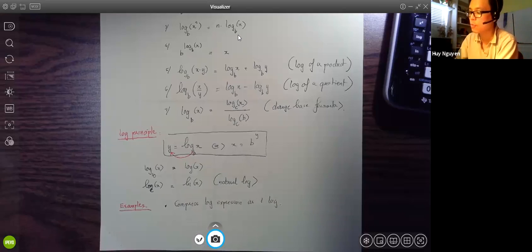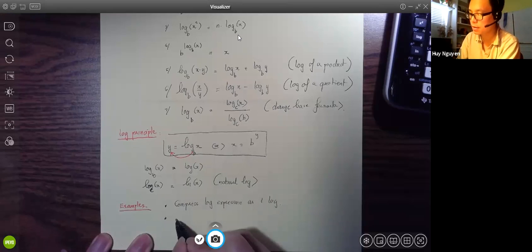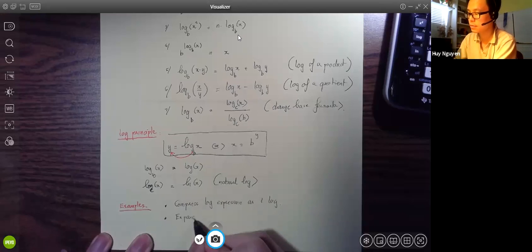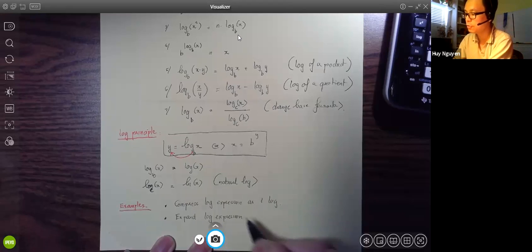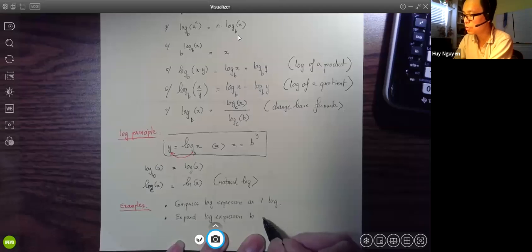The second type of question you might see is expand a log expression to two or three or more logs.